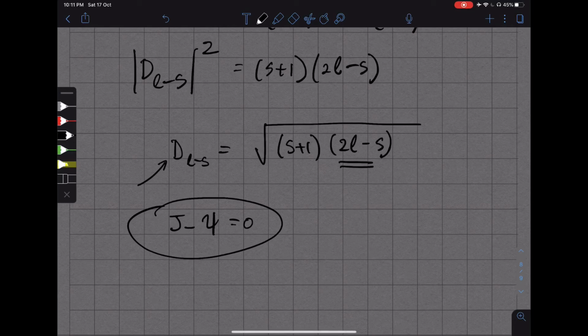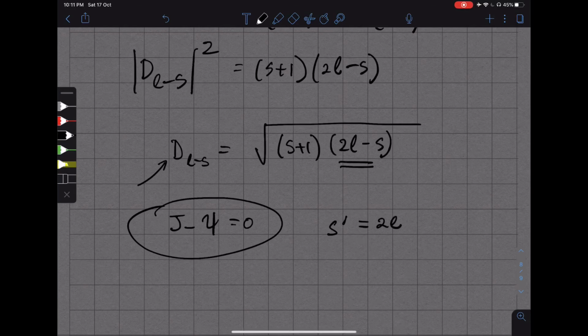In other words, there must be some value of S, let's call it S prime, for which this is equal to 2L.